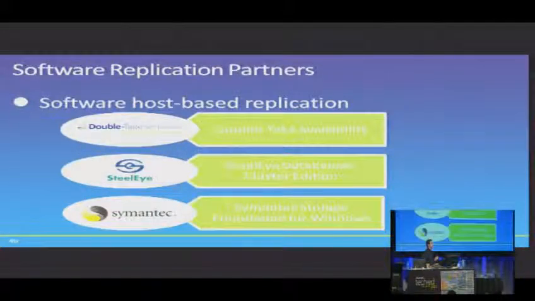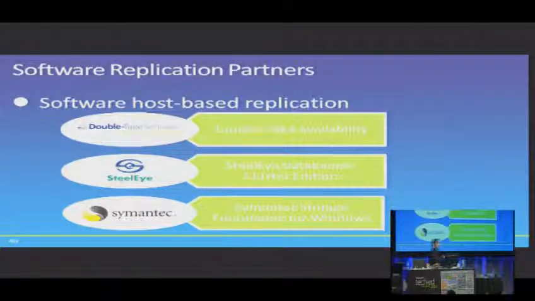But there's other ways of doing replication across sites, and you could use software replication where the VM is running an application like DoubleTake, and it's replicating to another VM that's running the DoubleTake software, and it will replicate all the data across over the network between the two sites. So it's a little different.